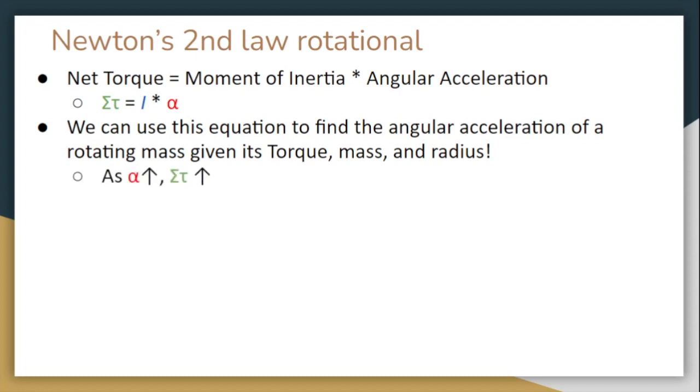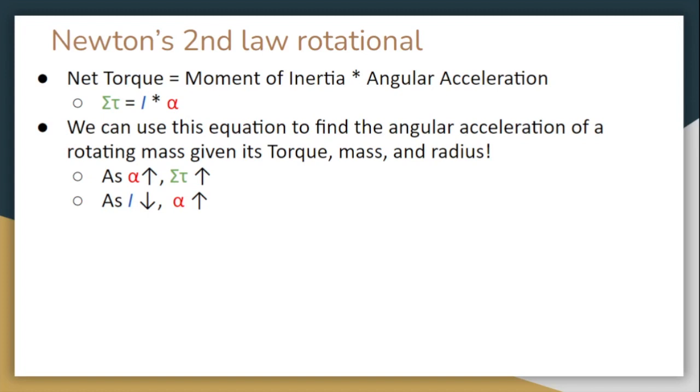From this equation, we can see that as the angular acceleration increases, assuming the moment of inertia is staying the same, the net torque will also increase. And we can see that assuming the net torque remains the same, as the moment of inertia decreases, the angular acceleration has to increase.